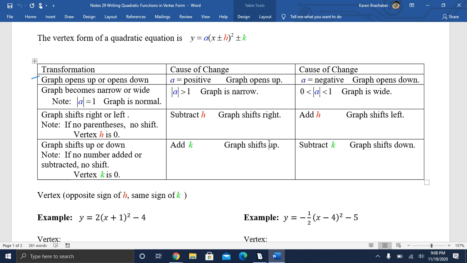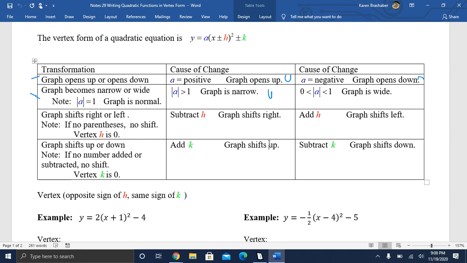The a, if it's positive, makes the parabola open up. And if it's negative, the parabola will open down. So up like this, down like this. If a is a number bigger than 1, so 2, 3, 4, like that, then your graph is more narrow, as opposed to if your a is between 0 and 1.